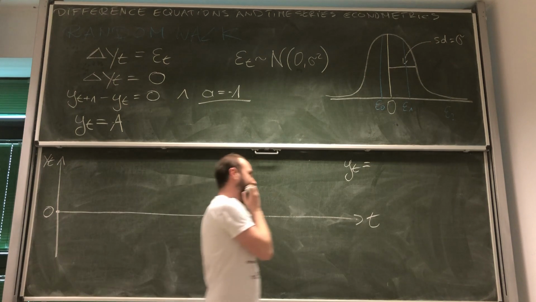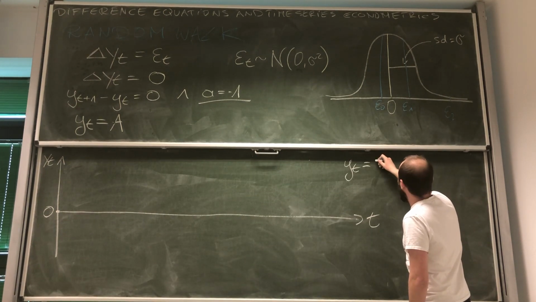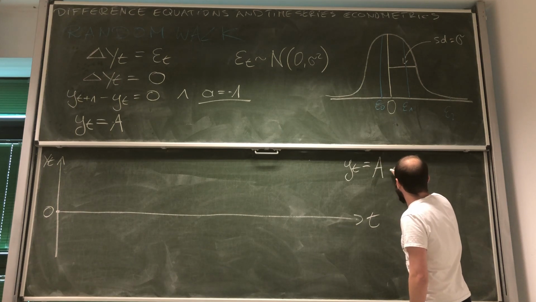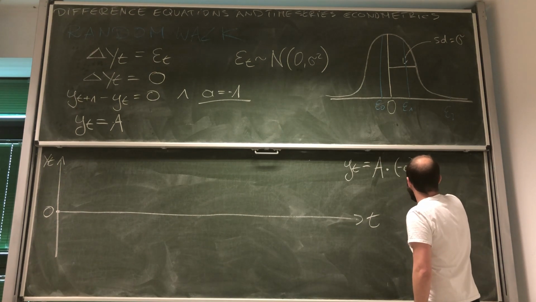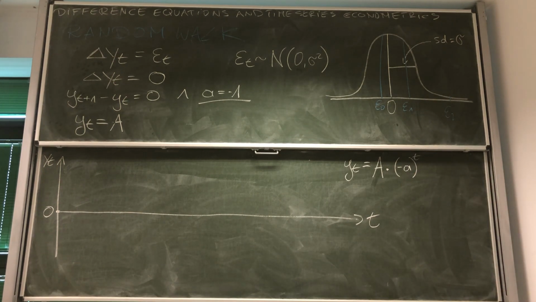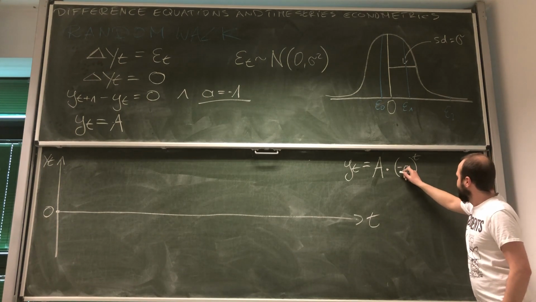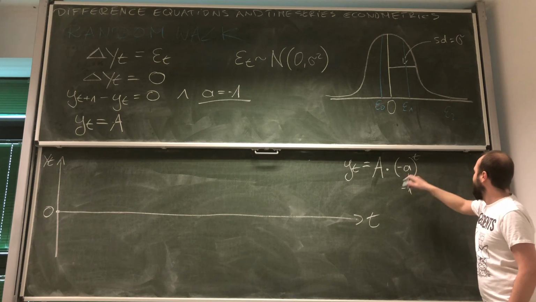So the solution would be A times negative A to the power of t. But look, if A is negative 1, our negative A is 1.